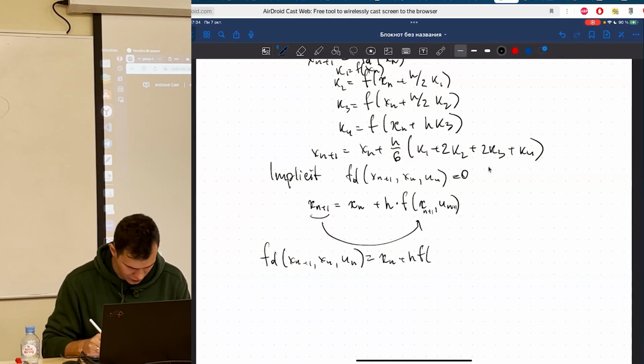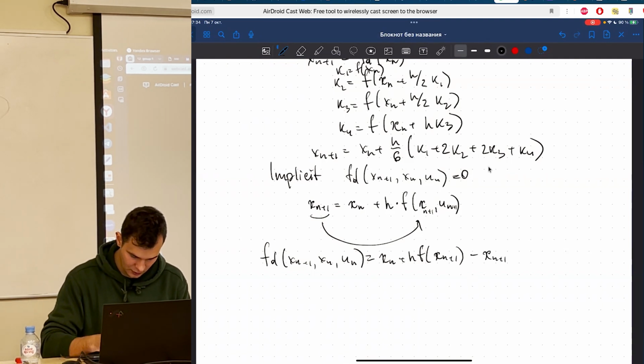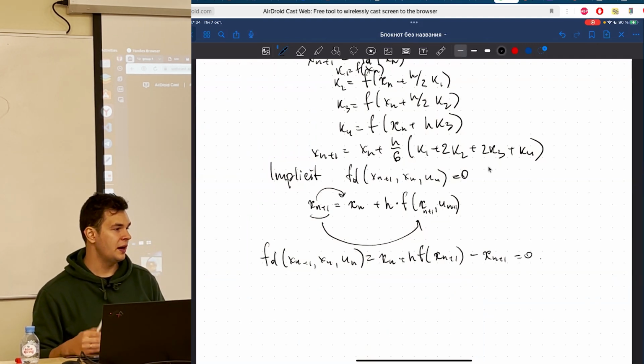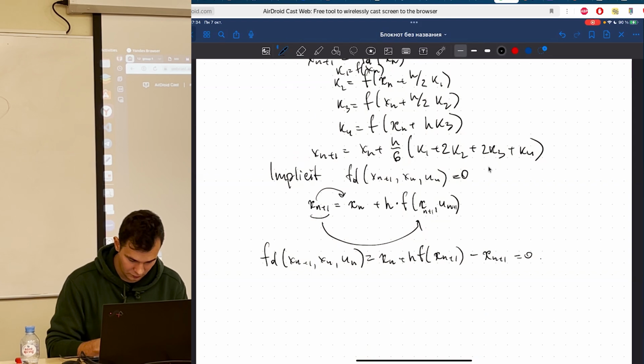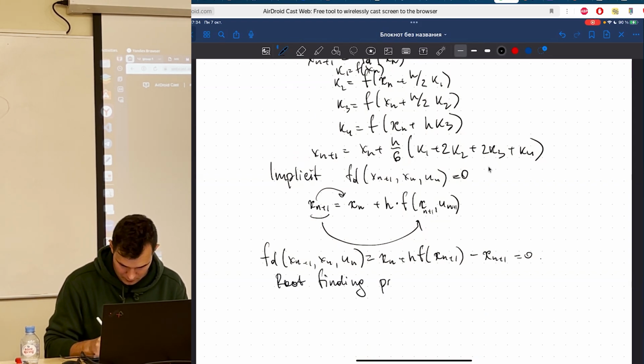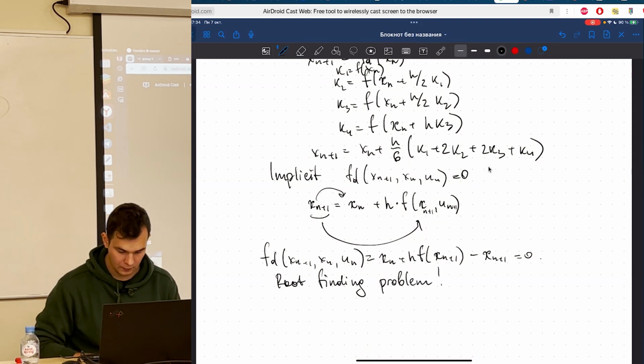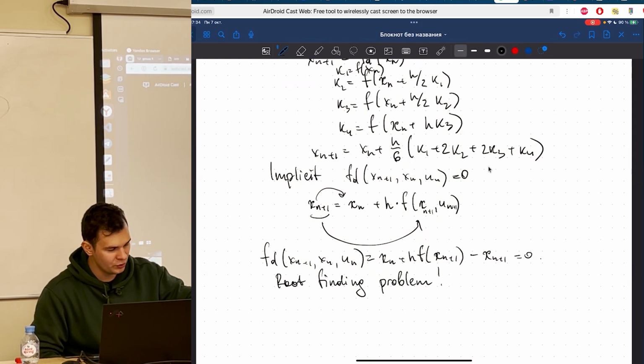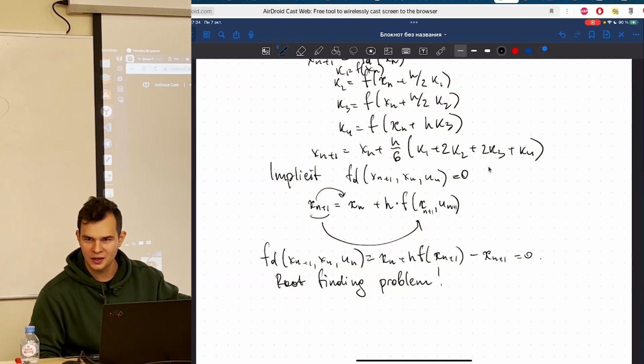So for the passive structure, it will be just xn plus 1 minus fd, put it here, equal to 0. And now it's a root finding problem. So you need to compute it as an equation. And this is why you have not only integrators, but also solvers. And solvers compute this equation in order to find out what the x will be.